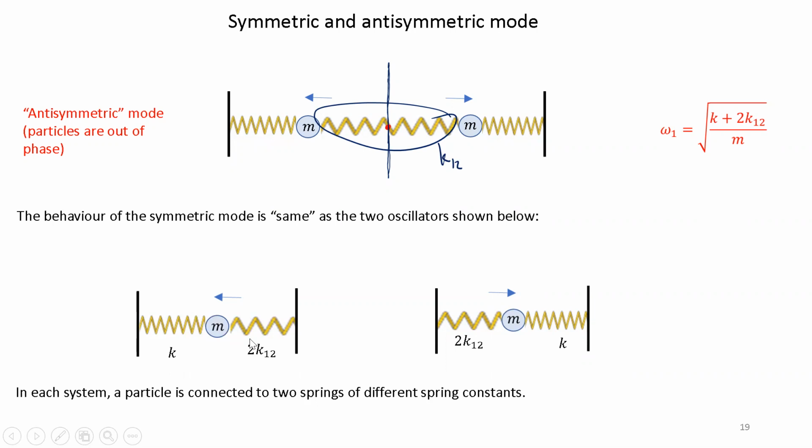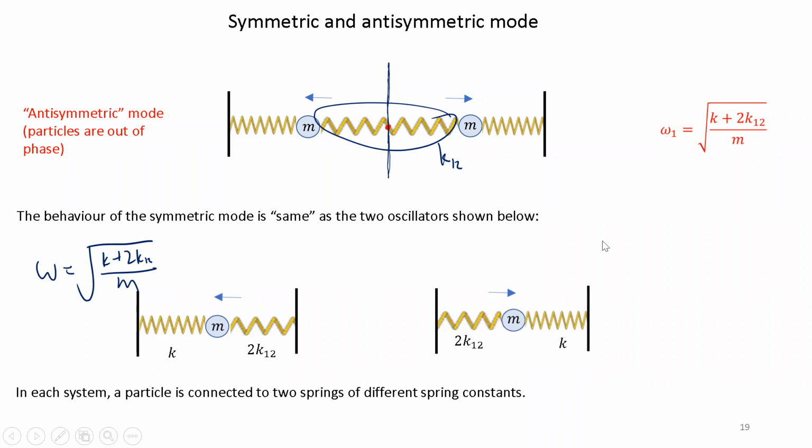the frequency is K plus 2K12 divided by m. Just looking at this, this is what you conclude. If you just look at this, this is also what you conclude.